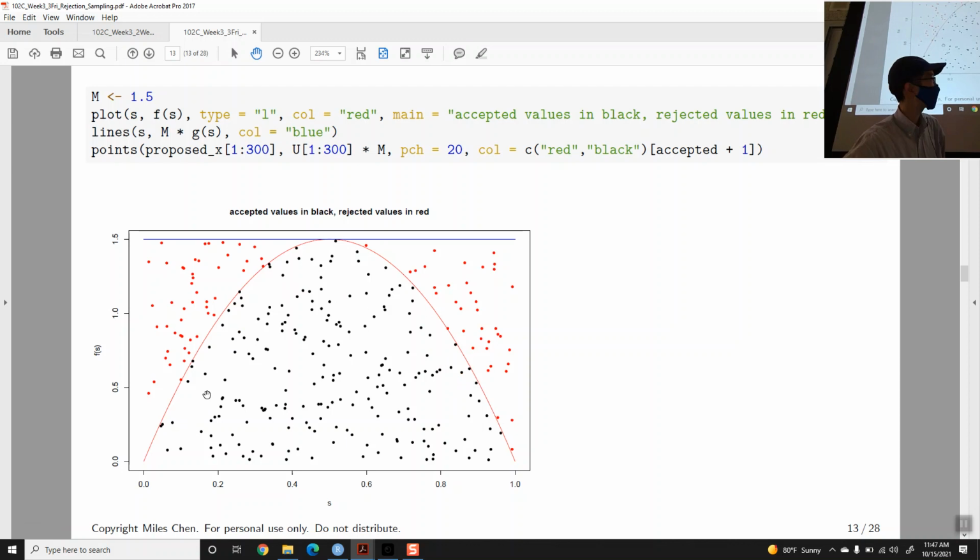So we can see that the values that end up under the curve get accepted, the values that end up outside of it in red get rejected, okay? If I keep throwing random uniform values on the thing, the amount that's going to get accepted will just be those that fit in this distribution here.